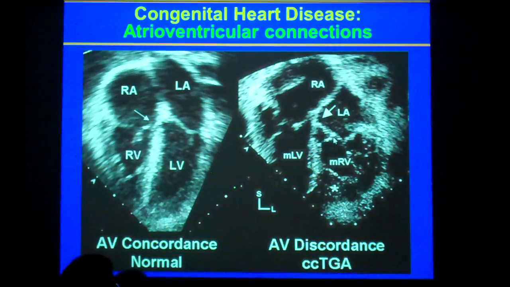So tricuspid belongs to RV, morphologic RV, we should say. Does it look more trabeculated and moderator band? So this is right ventricle. Left atrium through tricuspid is connected to the morphologic RV on the left side. So this is wrong. This is the atrioventricular discordance. This happens typically in congenitally corrected transposition. Okay.